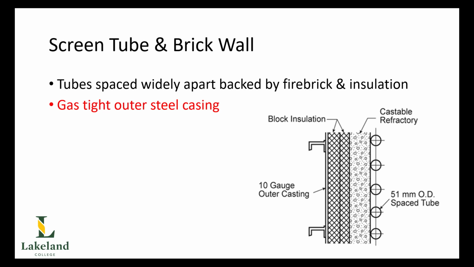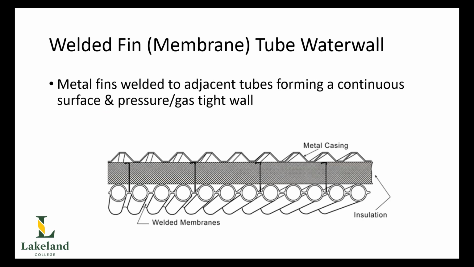So you can see that on the diagram that's behind our layer of refractory and also our layers of block insulation. A typical example for this style of wall we saw in an earlier chapter, chapter 2, when we looked at a fluidized bed combustion boiler, looking at the bubble caps on the furnace floor. This had this particular style of water tube around the outside of the furnace.